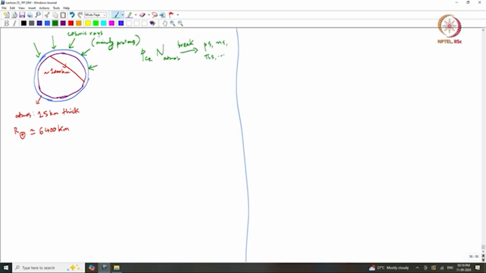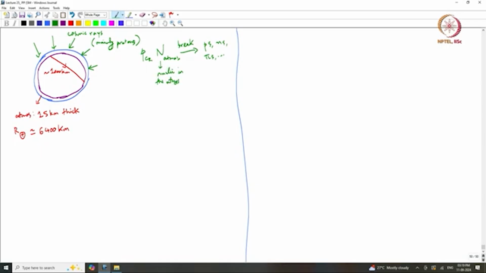What you actually do is break them into quarks and gluons, and then they immediately confine into all these composite states. Let me give this a name so you don't get confused: nuclei in the atmosphere.